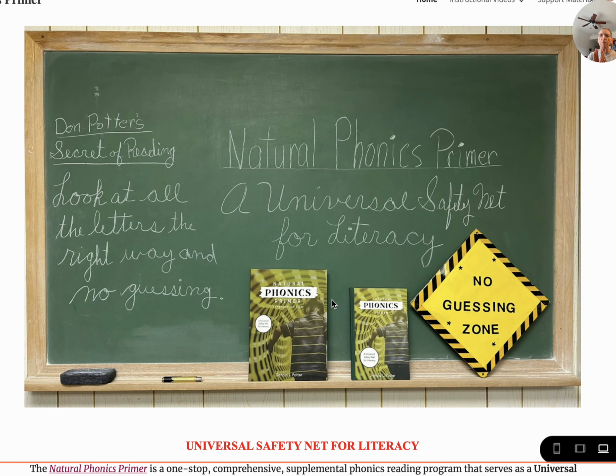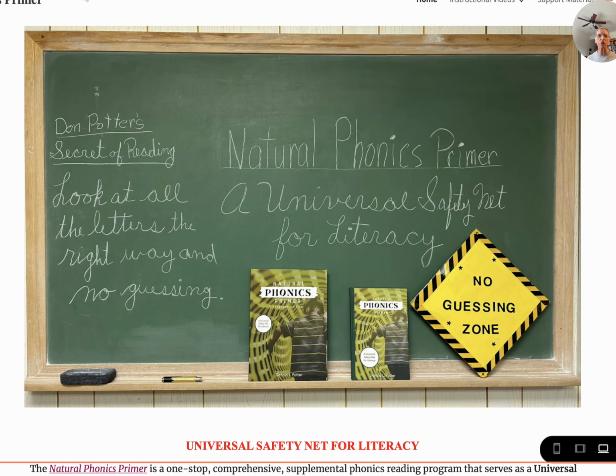So whatever program you're using, phonics program or whatever reading program, makes absolutely no difference. Whatever you're using, this is the supplement that you can use in your school to make sure that everybody in your school is going to be a good reader. So this is a safety net, and on my website you can get more information.